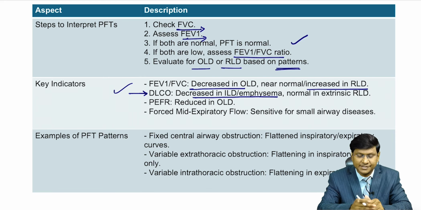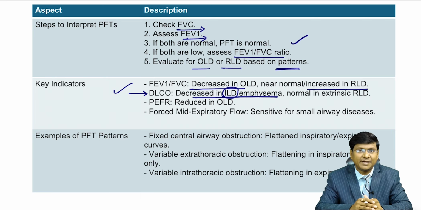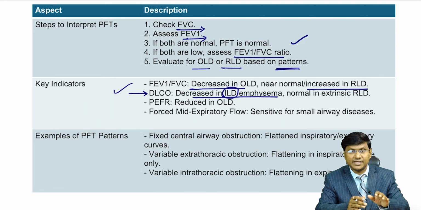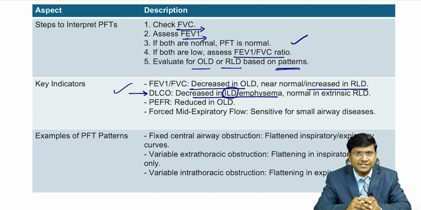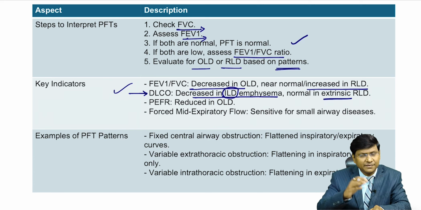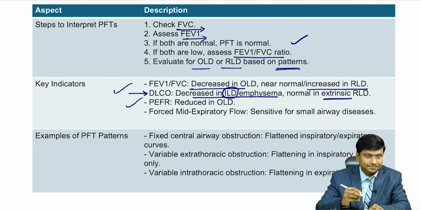Emphysema is an obstructive lung disease, whereas ILD is an interstitial lung disease, which is an intraparenchymal type of restrictive lung disease. DLCO is reduced in interstitial lung disease as well as emphysema, and it is normal in extrinsic types of restrictive lung disease. So that is about the DLCO.